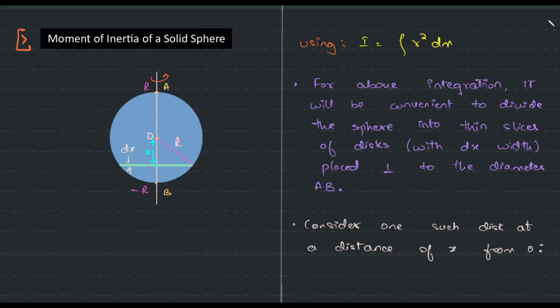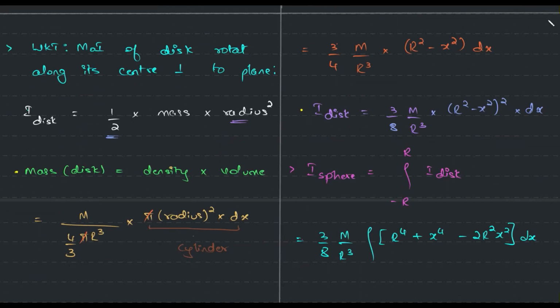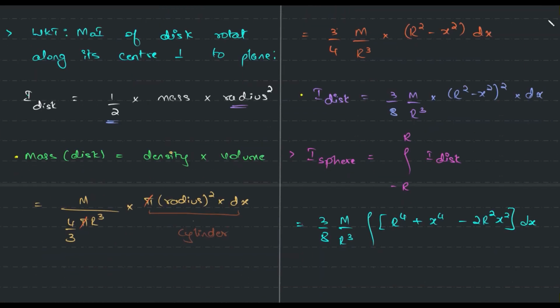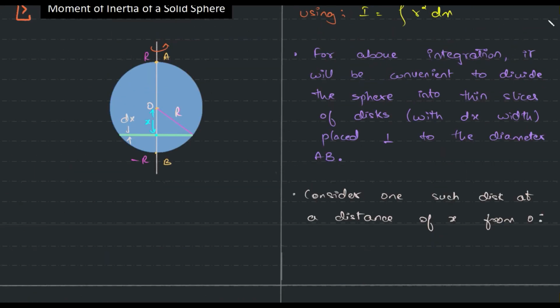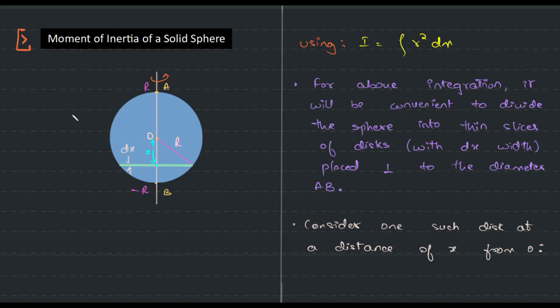Okay, so you can pause, have a look. Always understand what kind of subdivision you are making, and how that basic formula relates to the main thing, and how the variables are, and how we are integrating.